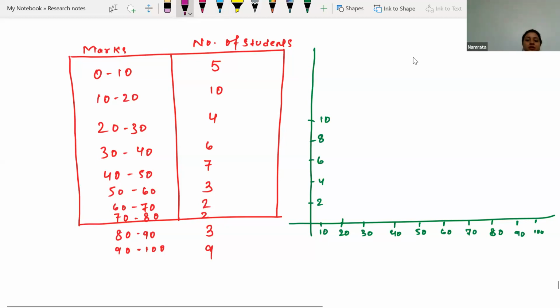So the first interval is 0 to 10, and that is 5. Here is 5. After that, 10 to 20, it's 10.